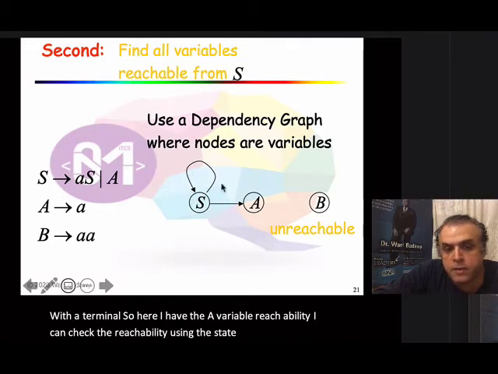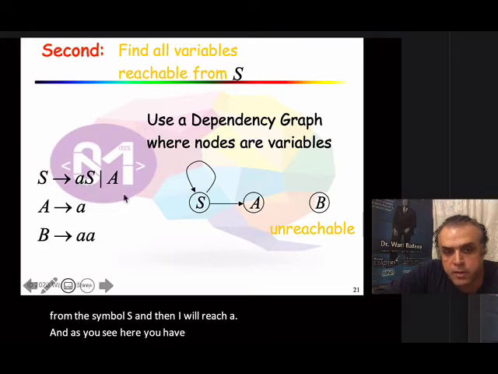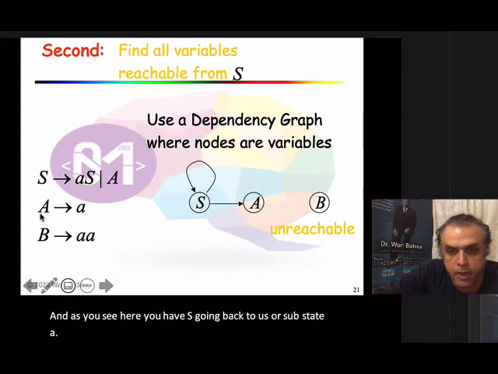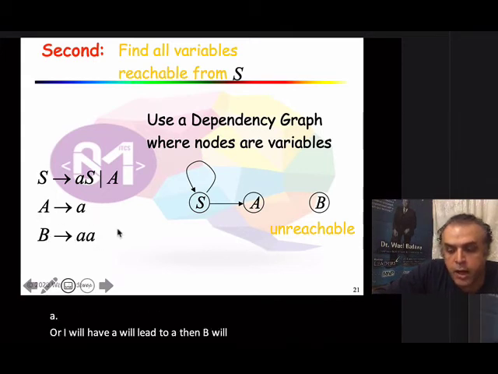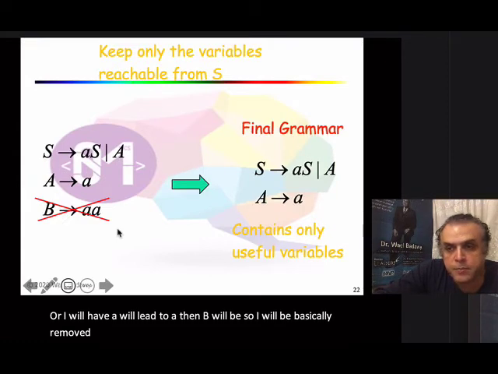So I start from the symbol S, and then I will reach A. And as you see here, you have S going back to S, or substate A, or A will lead to A, then B will be AA. So I will basically remove the non-reachability from S.